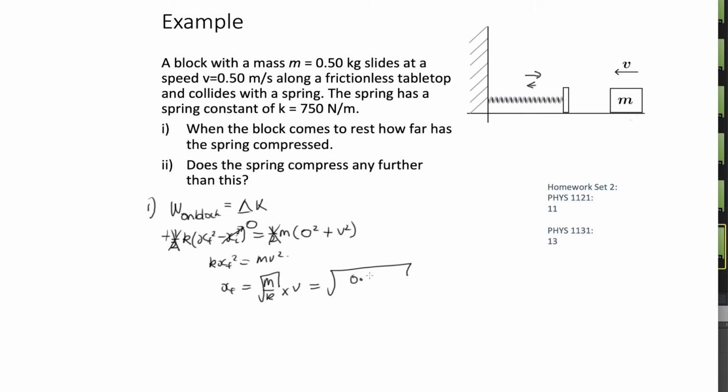So the mass is 0.50 kilograms and the spring constant is 750, and then we times that by 0.50. And solving this, we get 3.33 times 10 to the minus 4 meters, which we can write if we want as 0.33 millimeters, and that's to two significant figures.